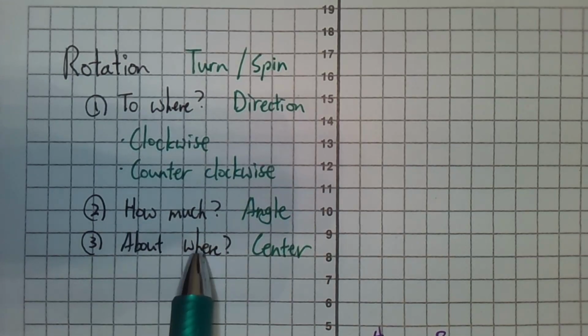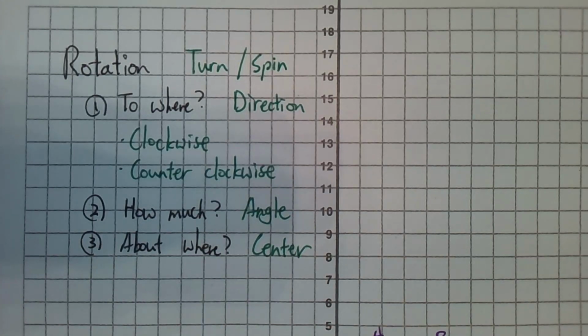Second is how much. For rotation, it's not just distance, we're talking about angles. Because you're turning things around, we can communicate that by saying 30 degrees or 40 degrees or 60 degrees or 200 degrees. In terms of angles, we can say how much to turn.